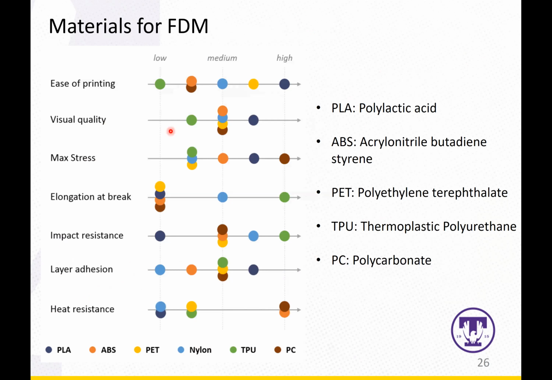But sometimes you want to have some good mechanical or chemical properties, right? Such as the maximum stress, and then you need polycarbonate. But it's not that easy to print. You will meet a lot of problems when printing, but that's the price you have to pay according to the application.